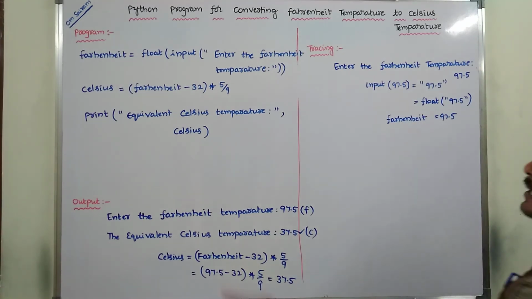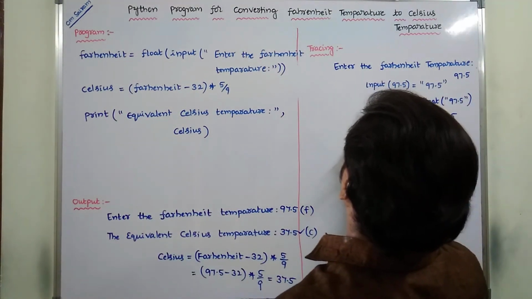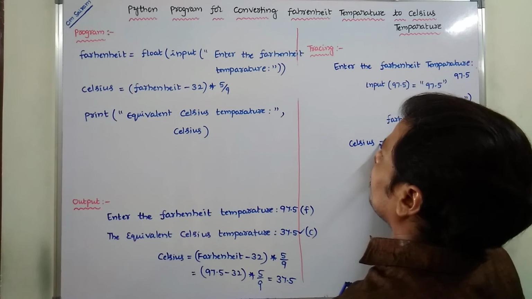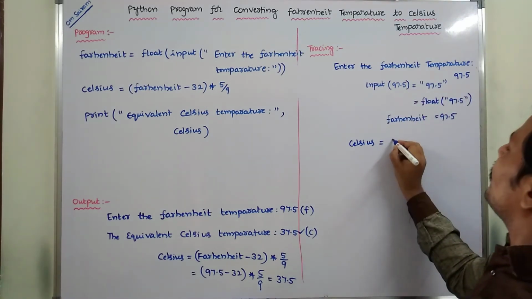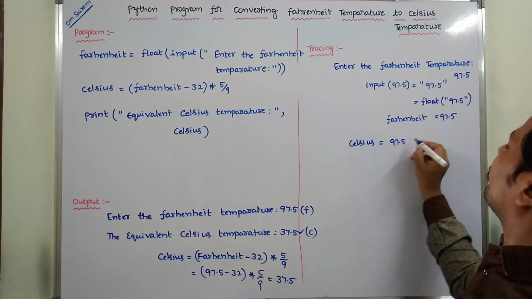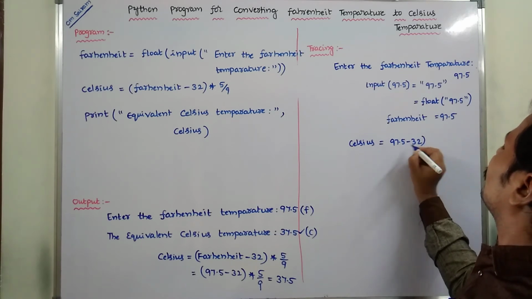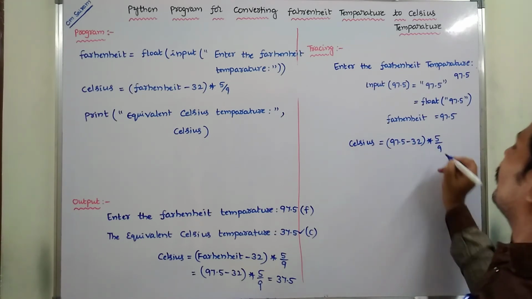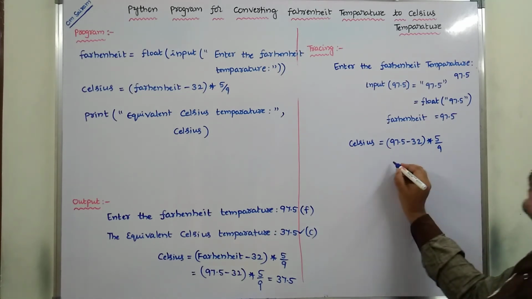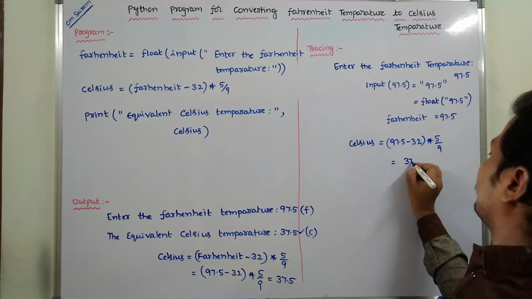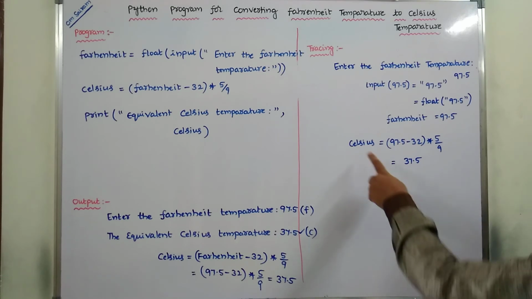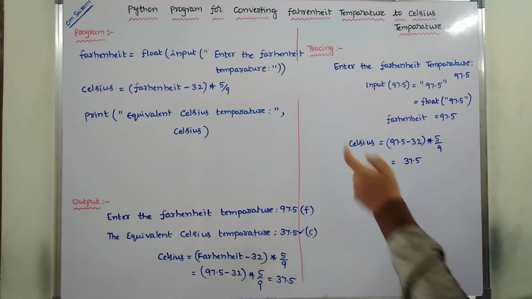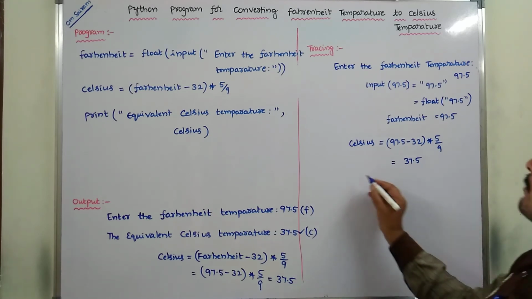Next statement. Now calculating the equivalent Celsius temperature is equal to Fahrenheit value 97.5 minus 32 into 5 by 9. What is the resultant value we are getting? That is 37.5. So this is the equivalent Celsius temperature. Now we have to print that Celsius temperature value.